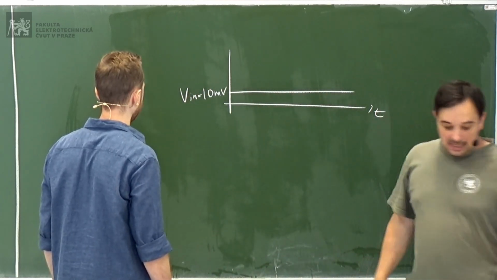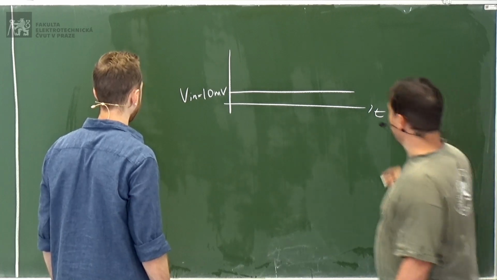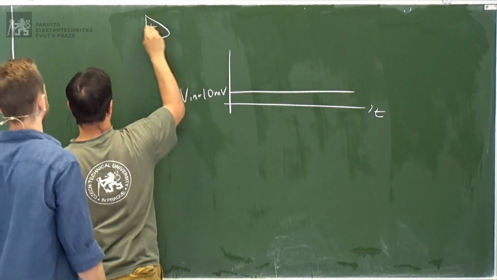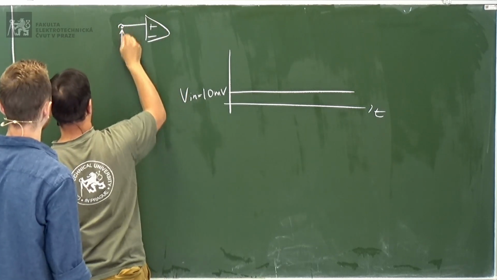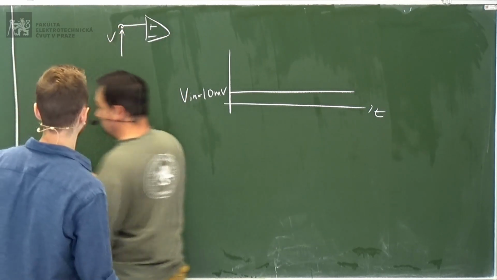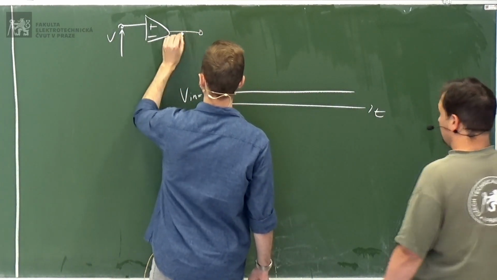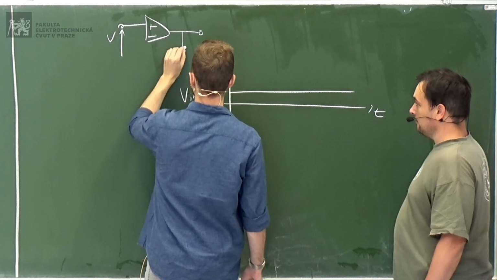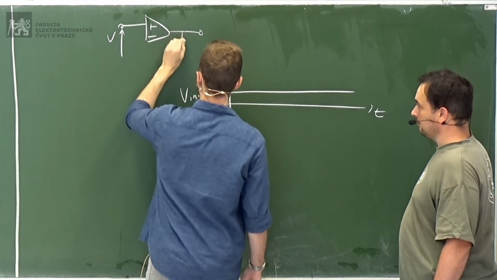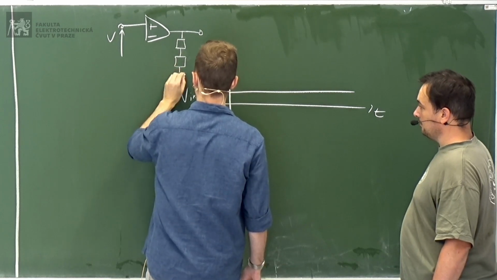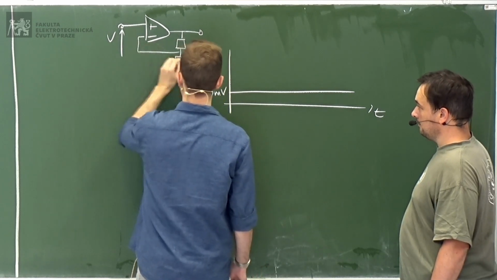And in that configuration, let us draw the op-amp with negative and plus inputs. Can I draw it? Sure. Yeah. Enjoy. Oh, you have chalk. Perfect.